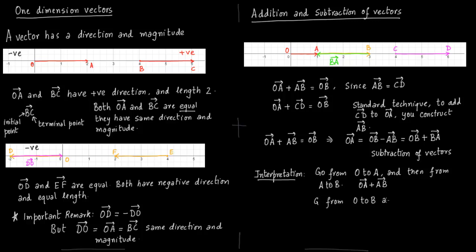You go from O to B and then go from B to A. So basically you're going from O to B, then you have to come back to point A because point A lies in between. In that case you get the OB vector minus AB vector. So that is the entire concept of addition and subtraction of vectors.